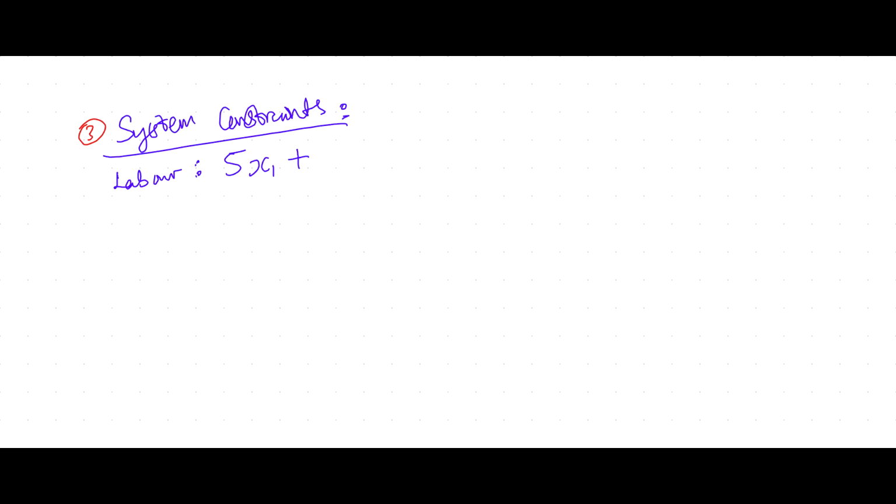For that one too, I don't know how many I am producing, but I know that labor is spending 2 hours per unit. So the 2 hours multiplied by the total number of product 2 produced is x2, right? Then finally, the third product is 4 hours spent per unit, and I'm trying to produce how many quantity of product 3. So that is that, right?